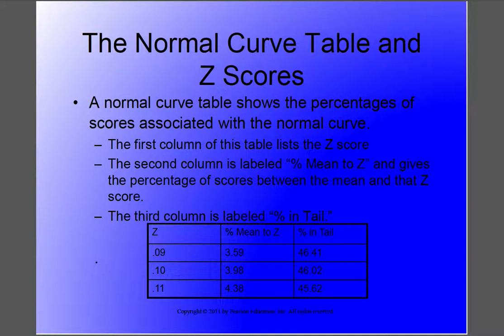So we can use the normal curve table that is in the back of your book. It's also found on the internet, and there are a lot of applications that we can use to compute, let's say, given a particular z-score, areas between a particular z-score and the mean.